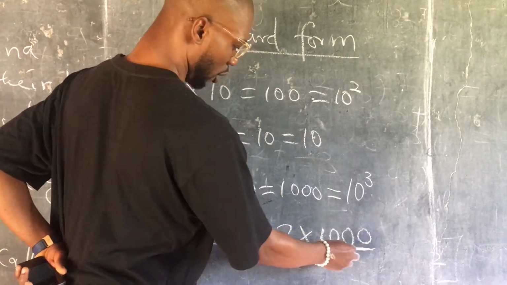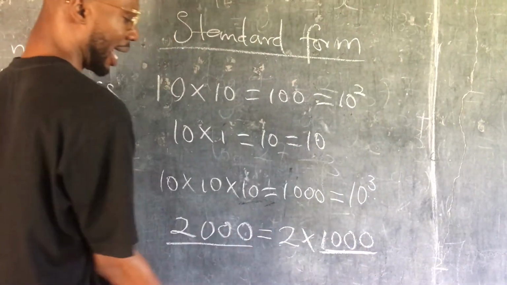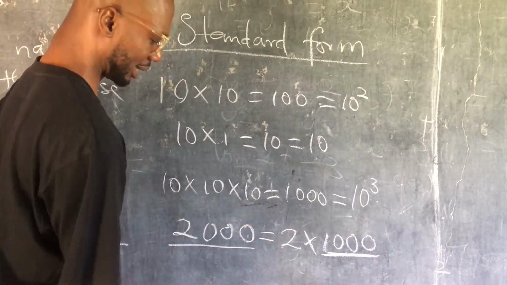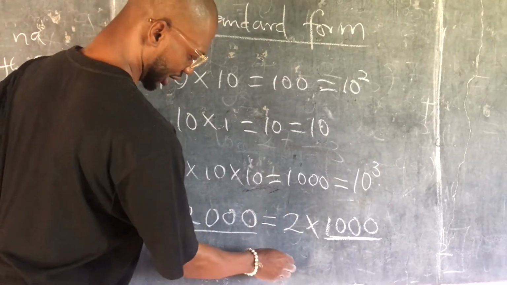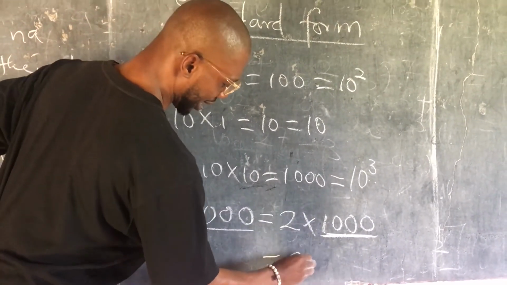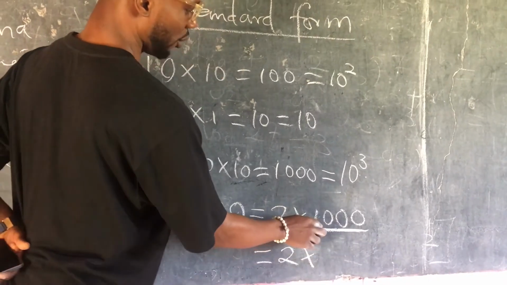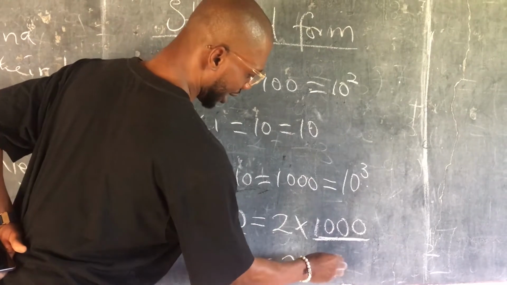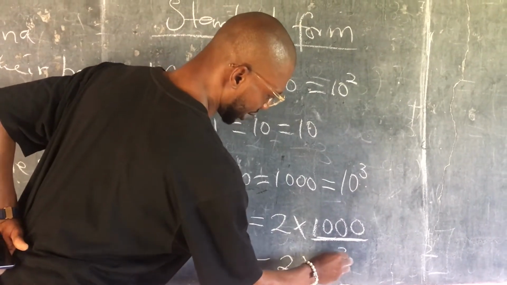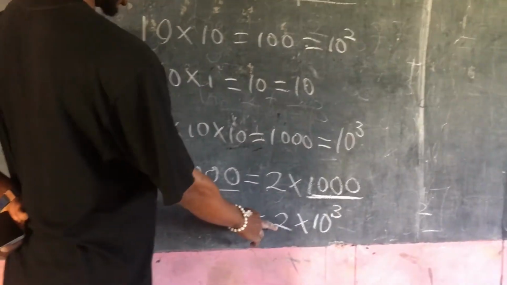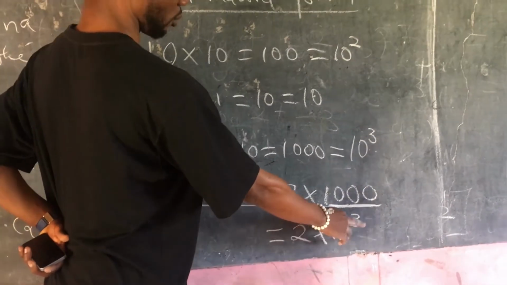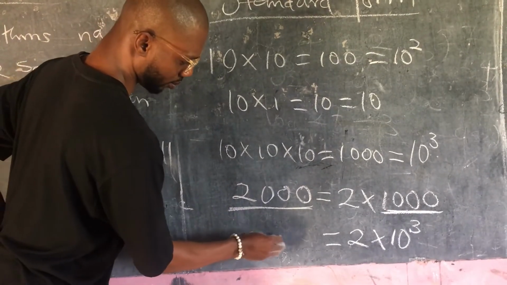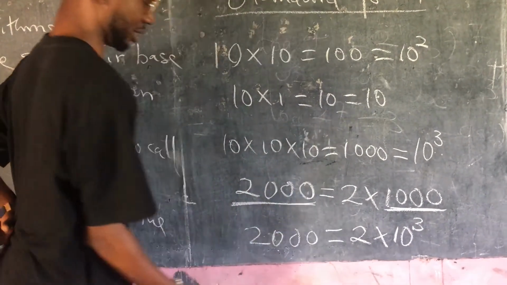One part of the number, I can express in powers of 10, and the other one can still remain the way it is. I know that 1,000 is 10 raised to power 3. So this is 2 times 10 raised to power 3, which is our 2,000.